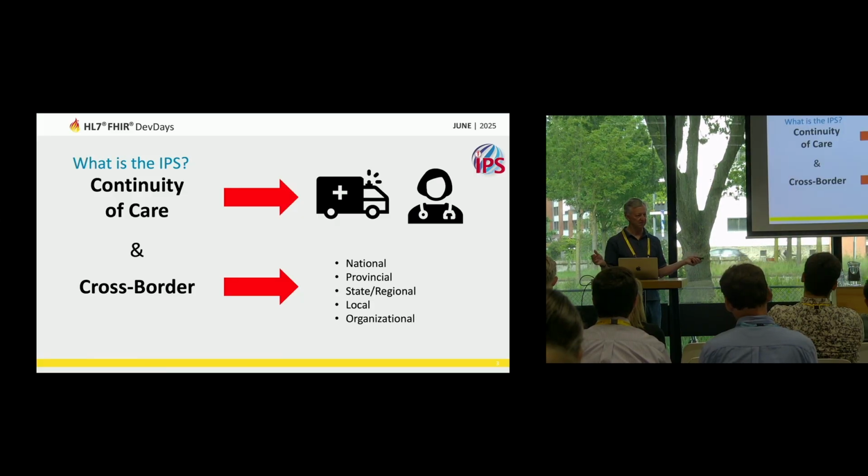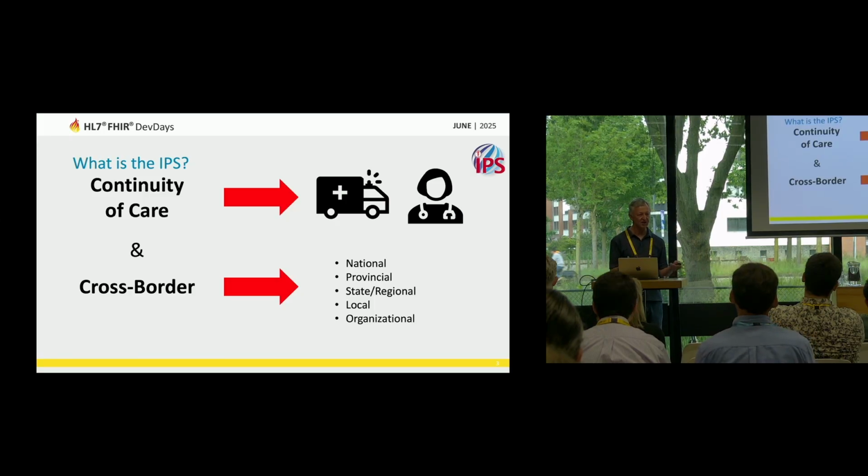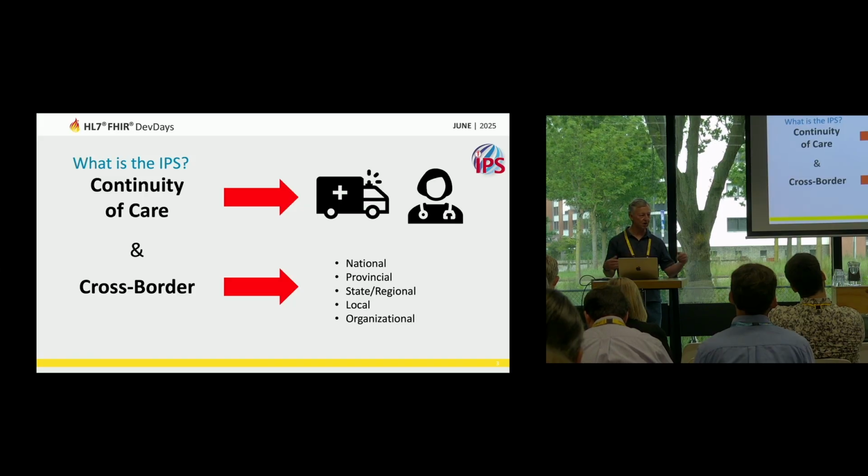Canada and the U.S. both have different health systems in different places, and one of the most important borders to cross might be across the street to the other local health system in your town. So IPS can be used in all those scenarios, across organizations and any other kind of border that you can imagine where there's some barrier to having immediate access to your health data. That's one of the main problems we're trying to help solve.